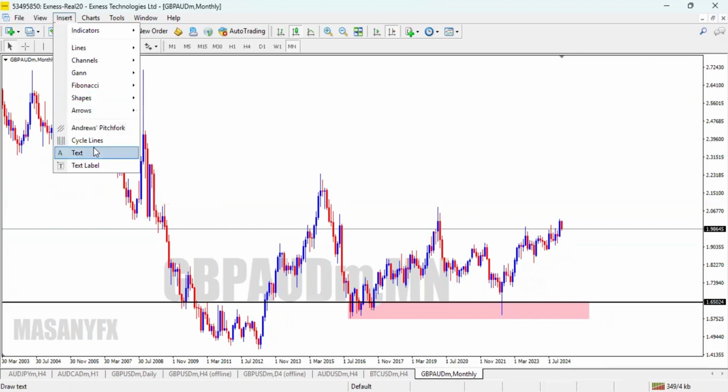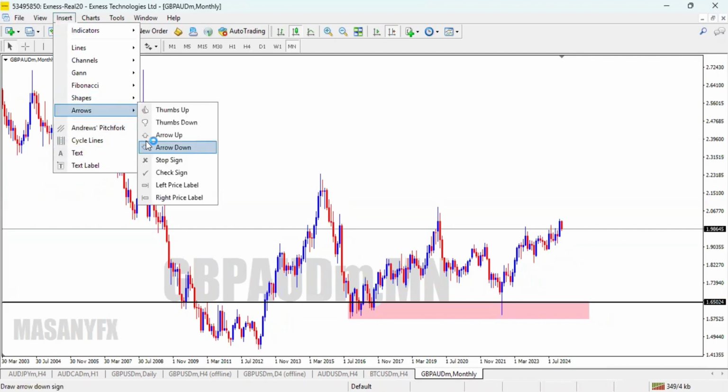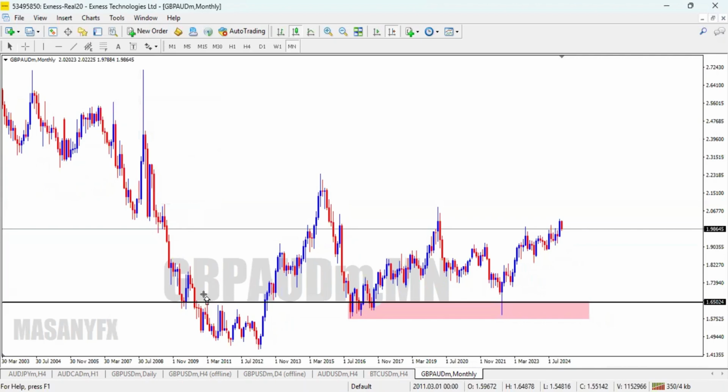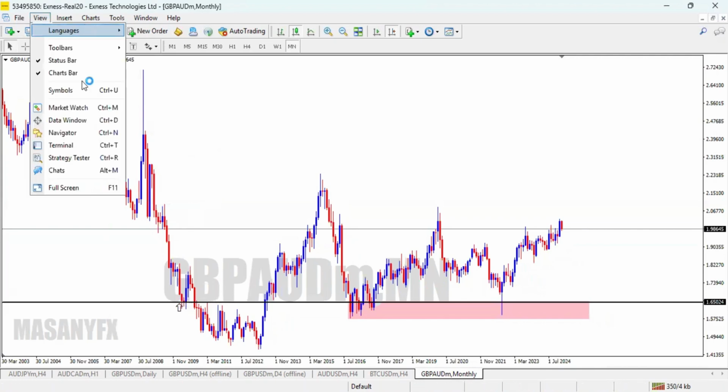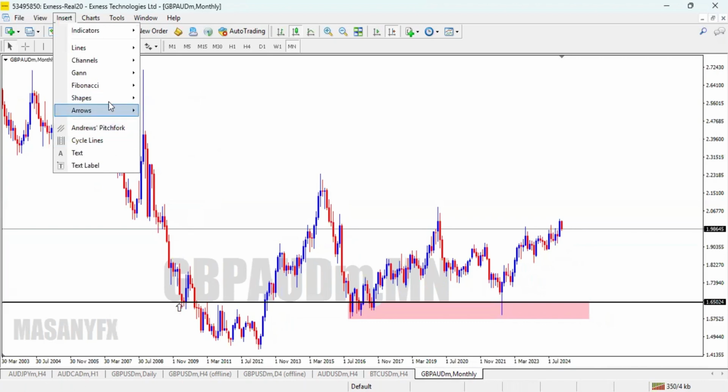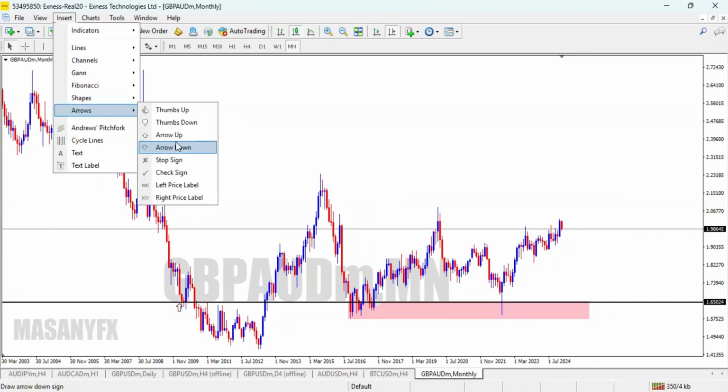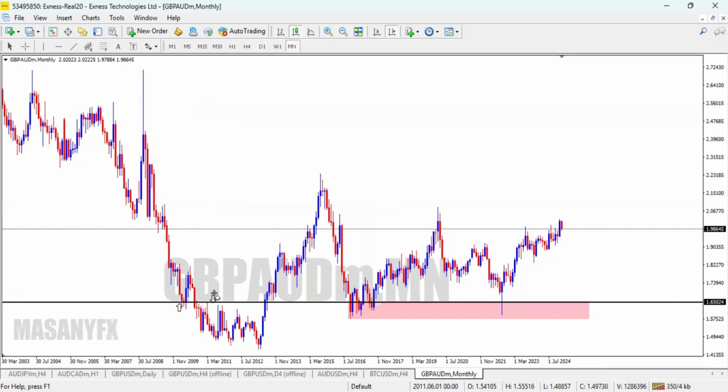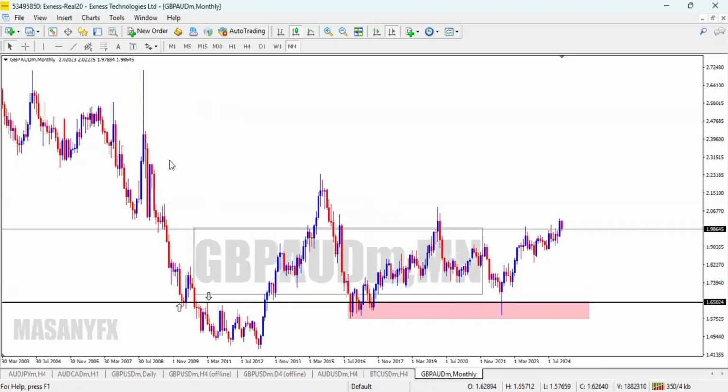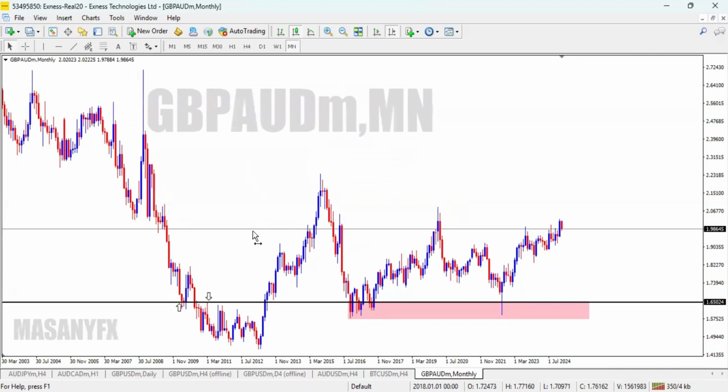And this line is also a significant line, a significant support and resistance line. Okay.